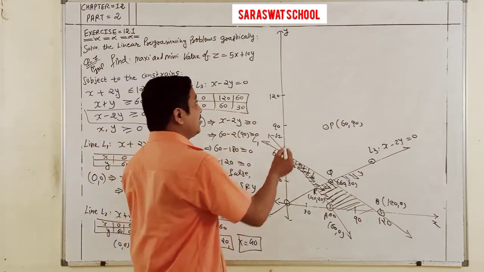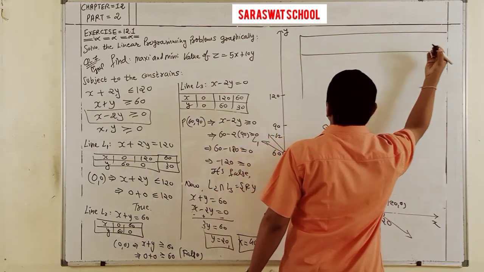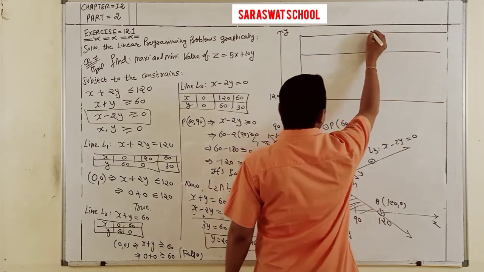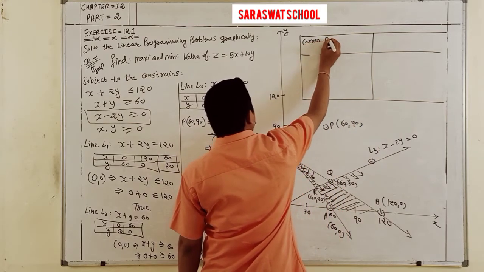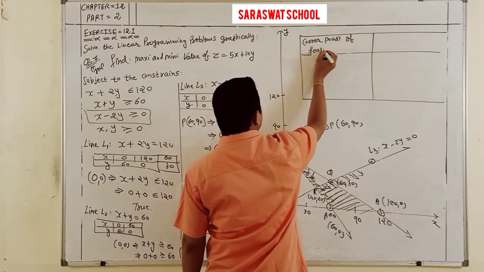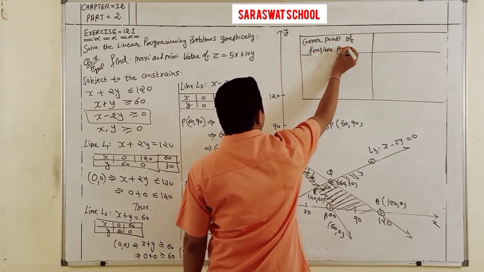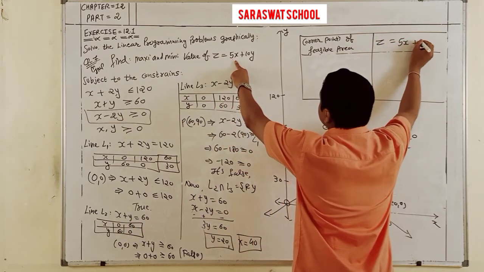Now finally the answer. Here I will show the feasible region related to my solutions. Yes, corner points of the feasible region. And my z is, students, 5x plus 10y.